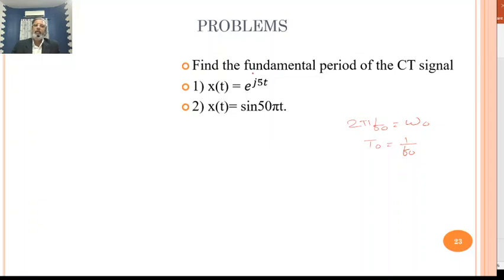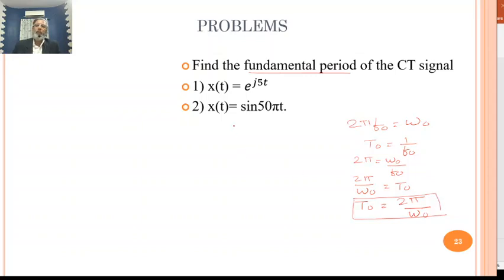Now here our interest is to find the fundamental period, so 2 pi f0 equals omega 0. Hence what is T0? T0 equals 2 pi divided by omega 0, because 1 upon f0 is T0. Using this equation we will find the fundamental period of the signal.